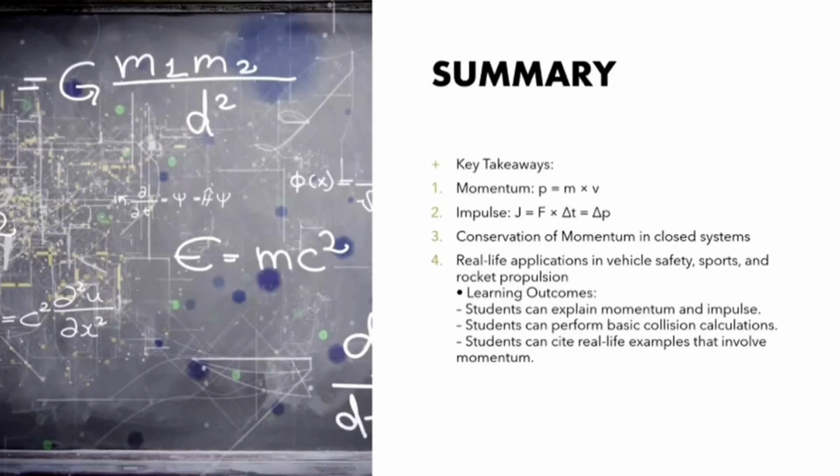Momentum is conserved in a closed system, so total momentum before and after a collision remains the same. Real-world applications appear in sports, car safety, and more. We also see how collisions can be inelastic or perfectly inelastic, affecting kinetic energy differently.